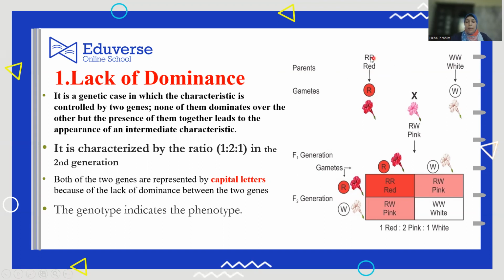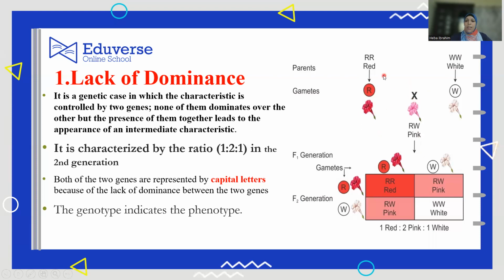But when the scientists crossed the 2 plants of Antirrhinum, the product was an intermediate trait. Not red flowers or white flowers are produced, but pink flowers are produced.